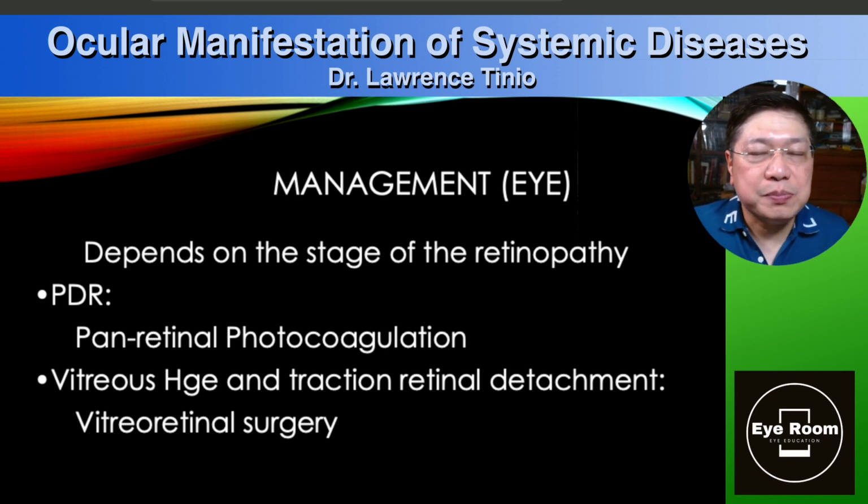Now, if your patient reaches proliferative diabetic retinopathy, the recommendation would be a pan-retinal photocoagulation. That means you do a photocoagulation laser on a very, very large part of the retina. And if your patient already has vitreous hemorrhage and traction retinal detachment, your patient may need vitreoretinal surgery already.